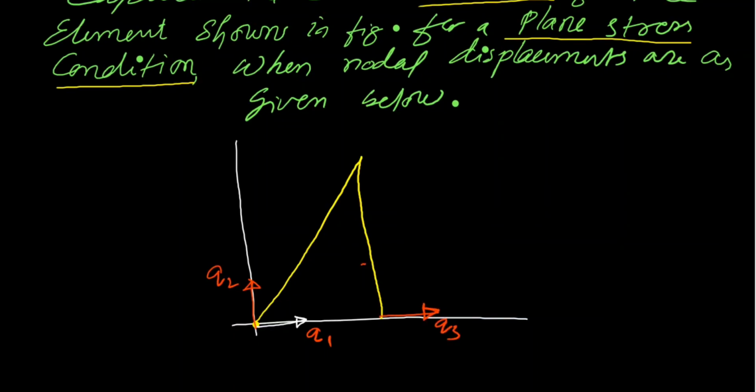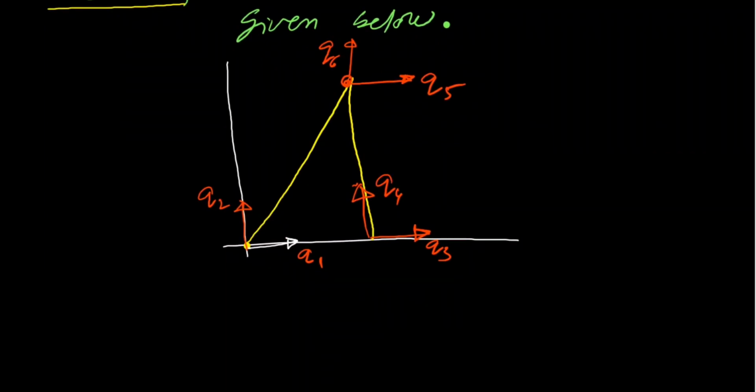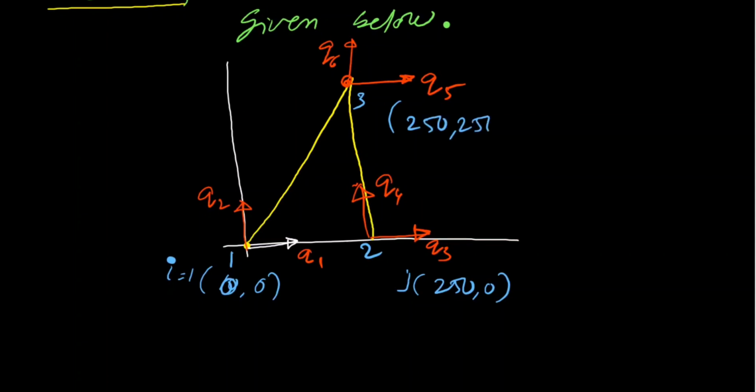And here q5, this is q6. At each point there are some coordinates: i, or you can say 1, that is 0 0 here, and here for j, or you can say 2, 250 0. Say this is node 1, node 2, node 3, then it will be clear. Now here 250 250. So these are the coordinates x y, and this is a reference line as x and y.